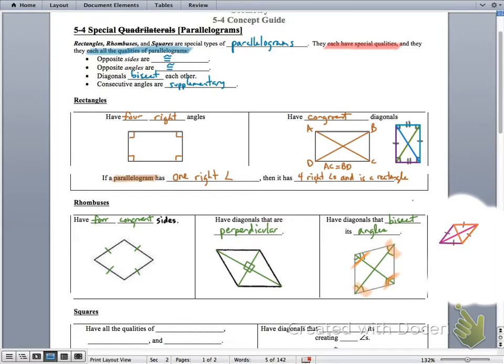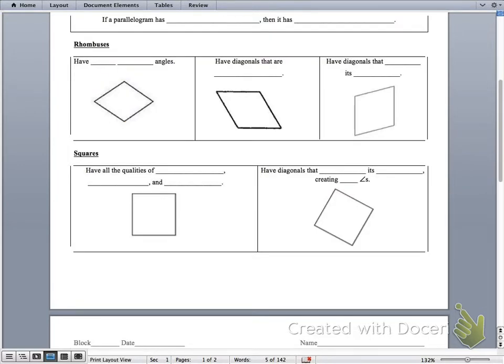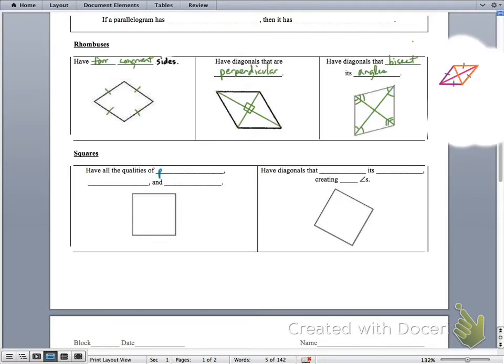On to squares. Squares are parallelograms, rectangles, and rhombuses. They're like super parallelograms that have all the qualities of all of these things.